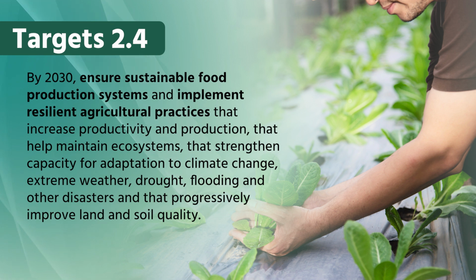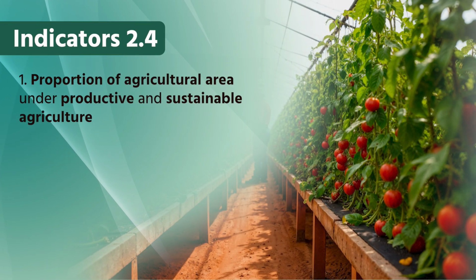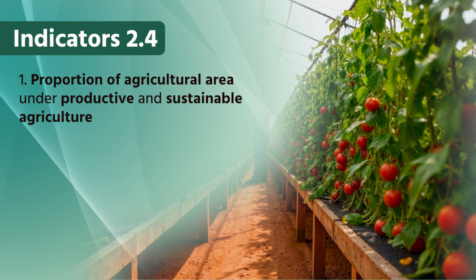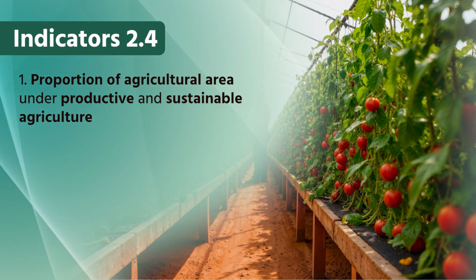We have to ensure sustainable food production systems and resilient agricultural systems that progressively improve land and soil quality. So the proportion of agricultural area under productive and sustainable agriculture is one of the indicators for target 4 of goal number 2.